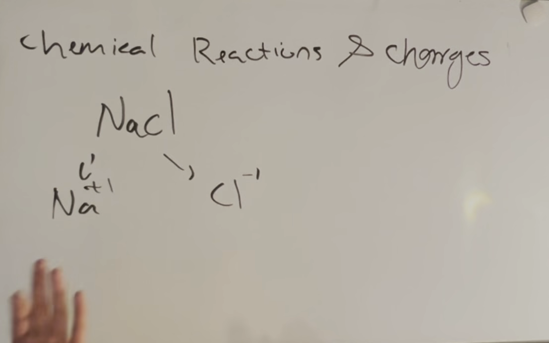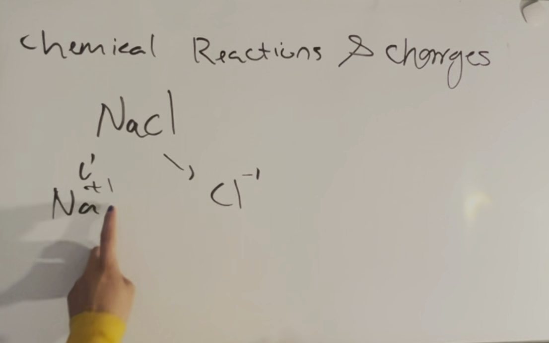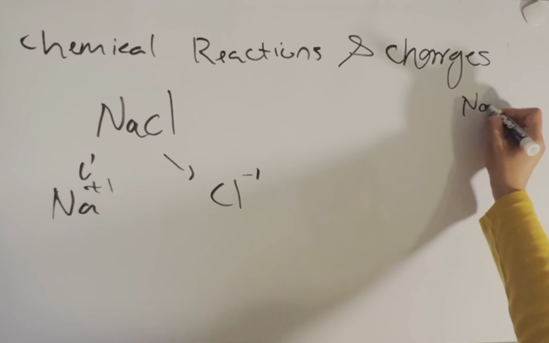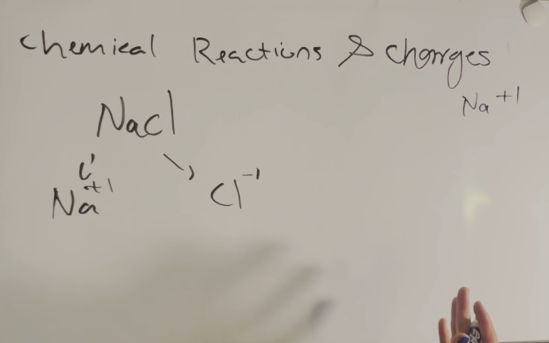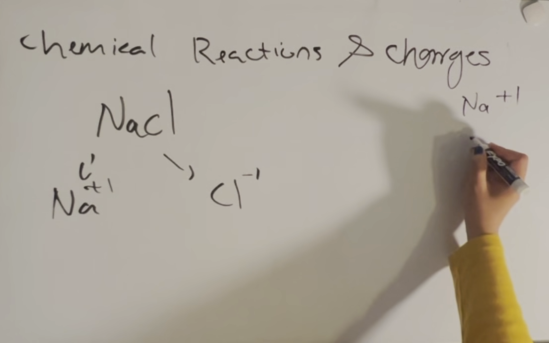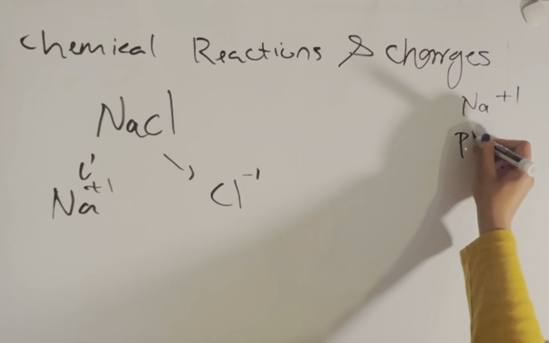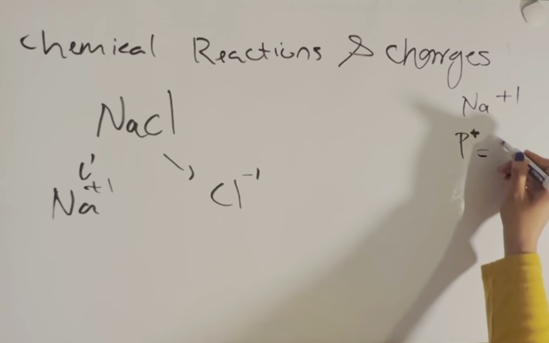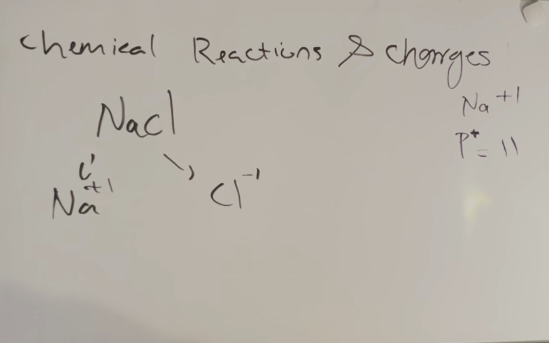The only thing that's changing is the number of electrons, which means if I'm looking at Na plus 1, the number of protons should be the same as what we see in our periodic table. In the periodic table, the atomic number of sodium is 11. So my protons equal 11, and we put a plus charge to indicate that it's a positively charged particle.